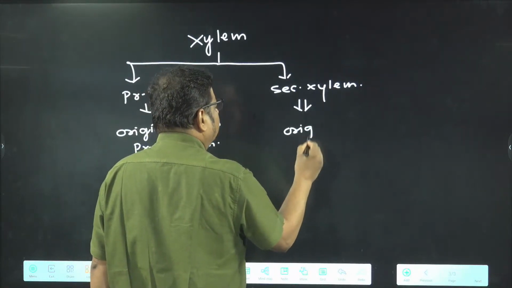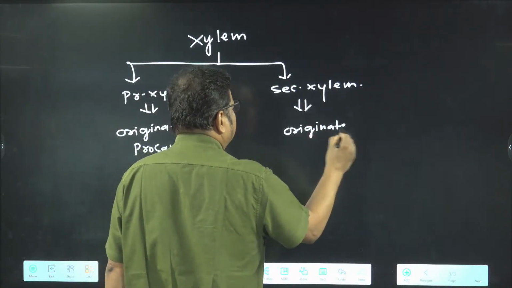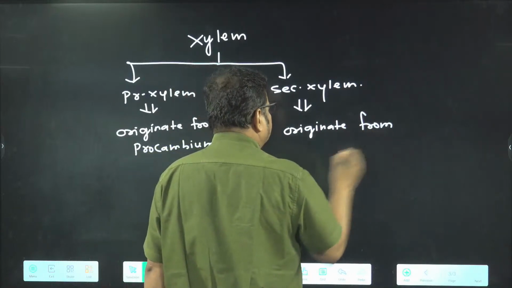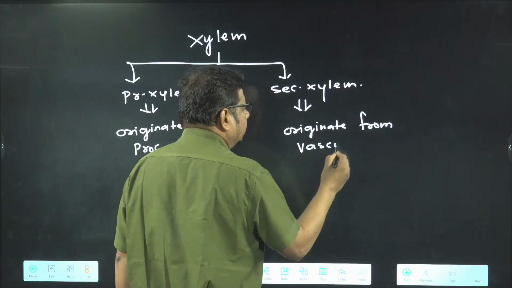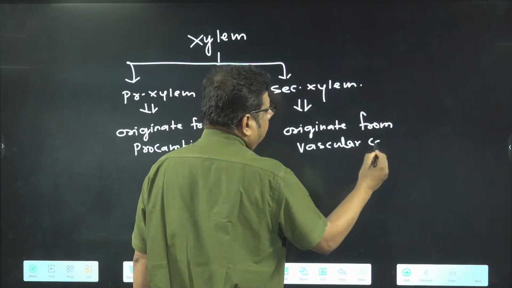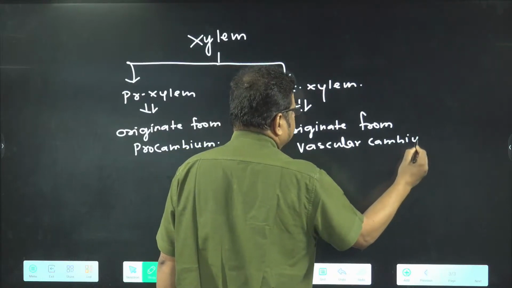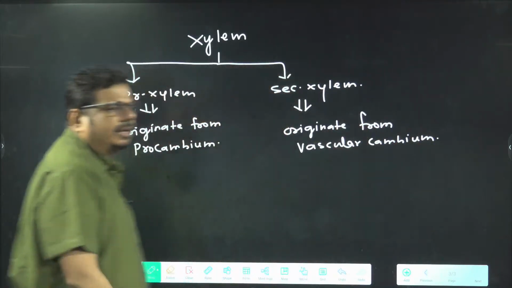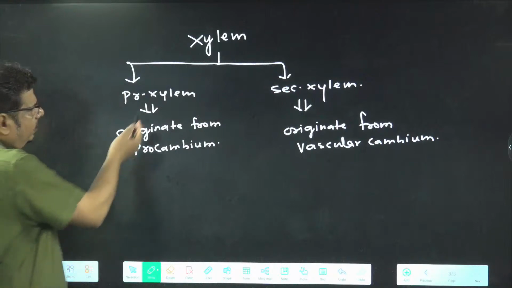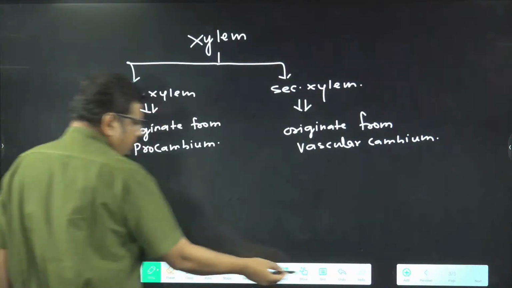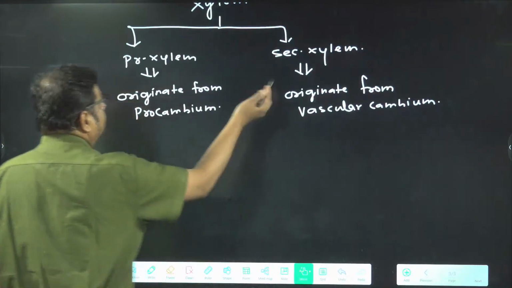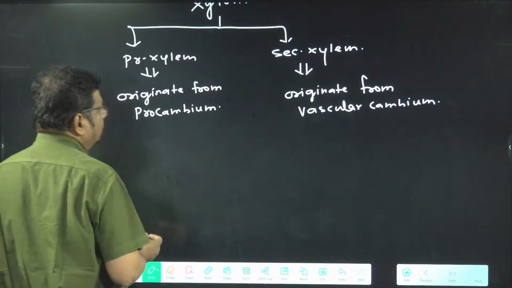It originates from vascular cambium. Are you getting the idea? So these are about the origin. This one is originating from procambium and this one from vascular cambium.